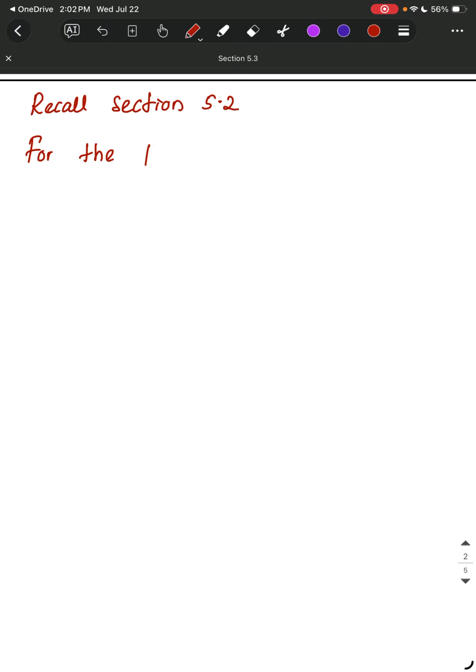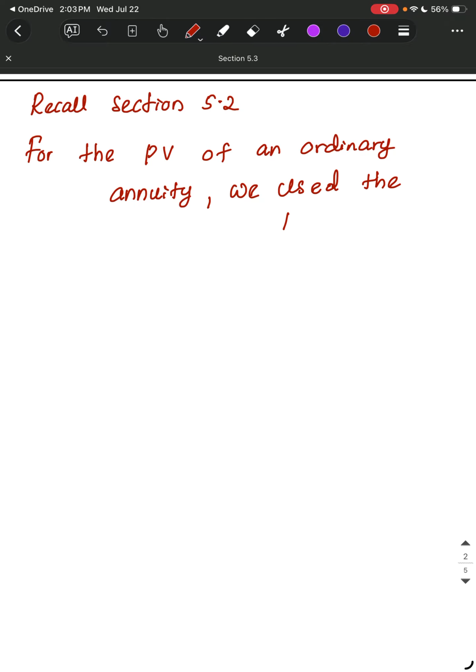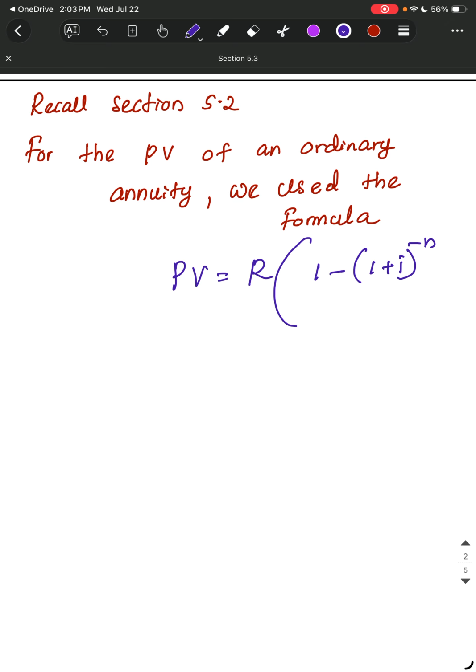For the present value of an ordinary annuity, we use the formula R times (1 minus (1 plus i) to the power negative n) over i.